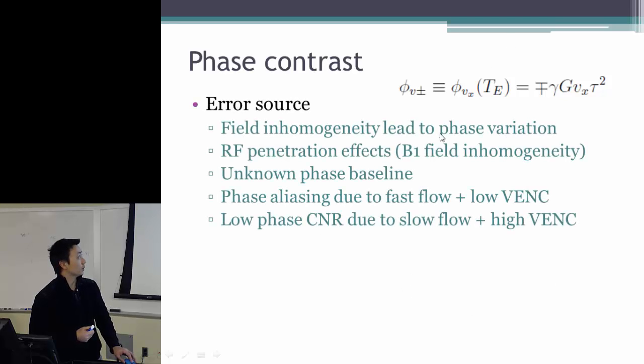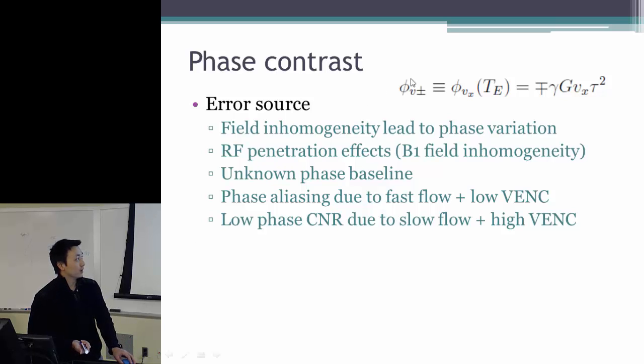Okay, so from this we can see that the phase of the image is directly linearly proportional to the velocity itself. And for the gradient amplitude and the gradient duration, we know them because we set them.